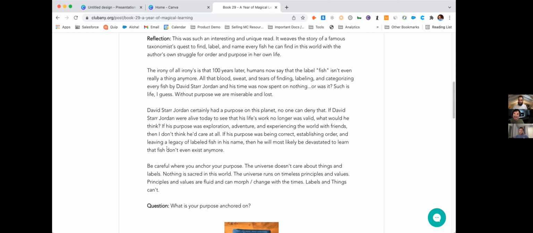Especially when you anchor your point of reference on something that is going to be so easily removed, like the labeling of the fish, or the naming of something.